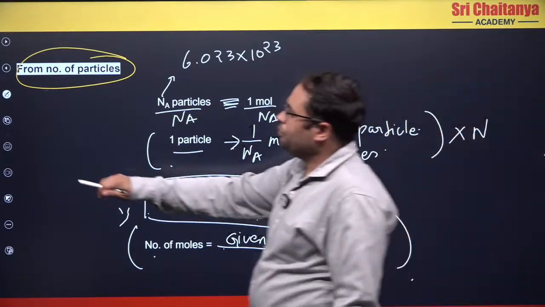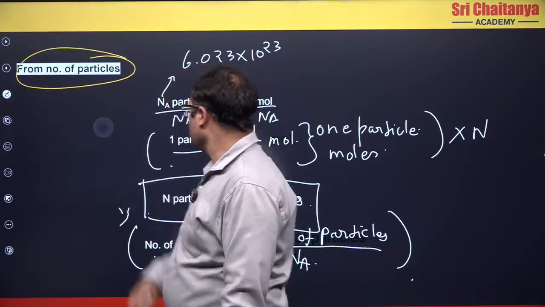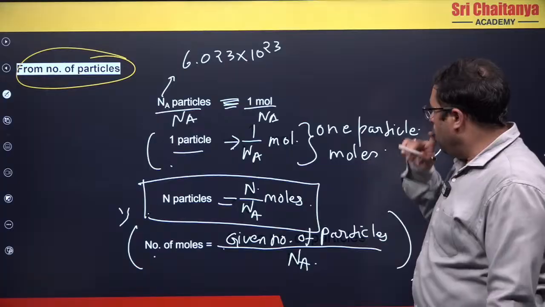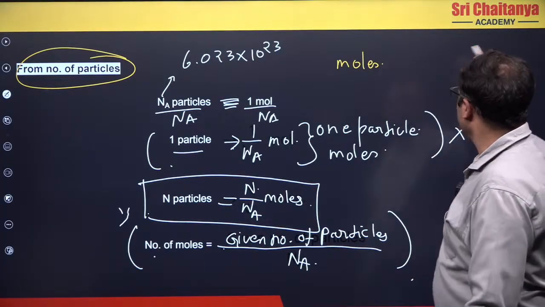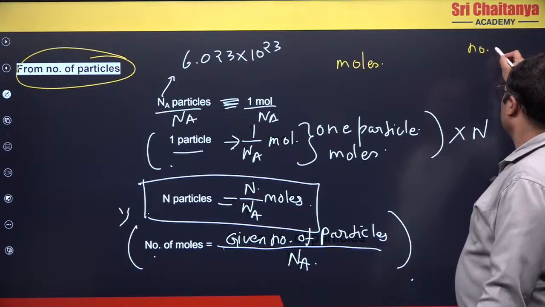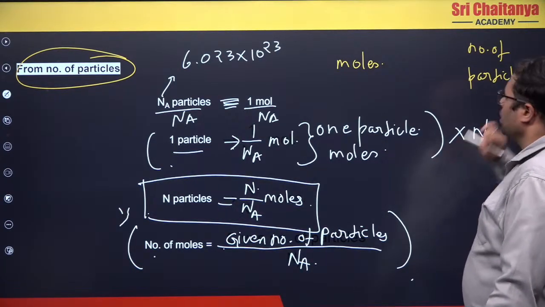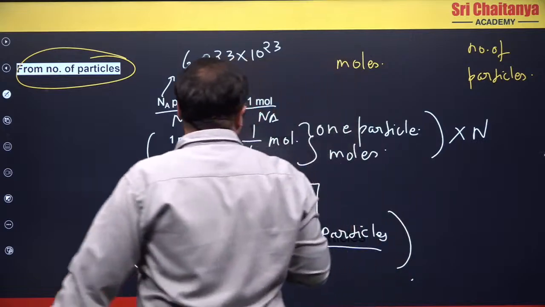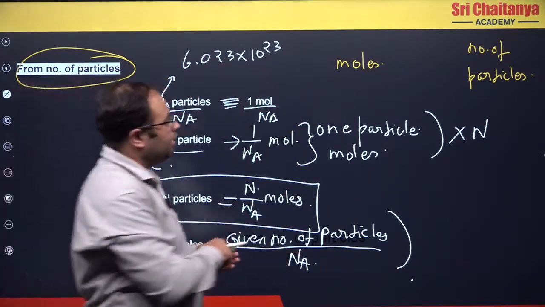For this also, let me give you a trick. So on one side I will write moles, on the other side I will write number of particles. Right. So if I need moles from number of particles, what I am doing? I am dividing by Na.